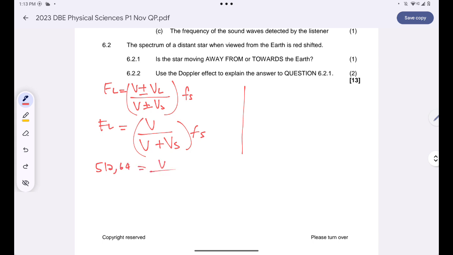I'm looking for V. I know I have V here, all plus 25, and I have 550 over there. All I need to do here, guys, is to just cross multiply, right? So I'll simply have 512.64 multiplied by V plus 28 is equal to V multiplied by 550. That's 550 V.